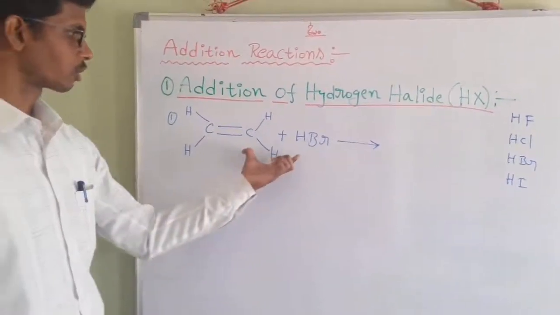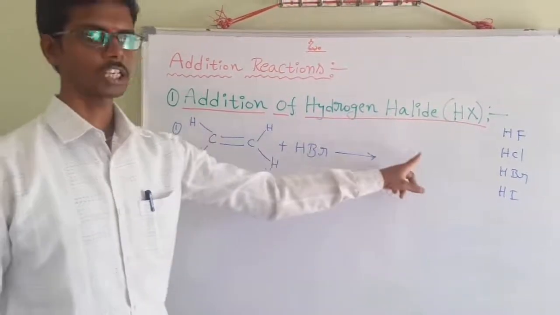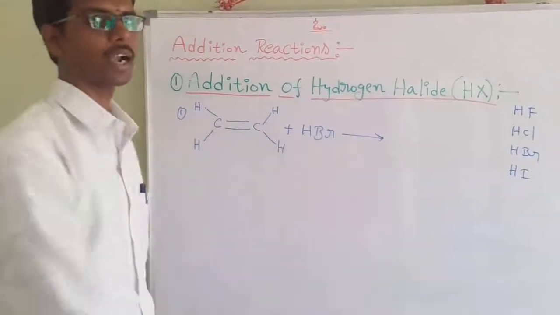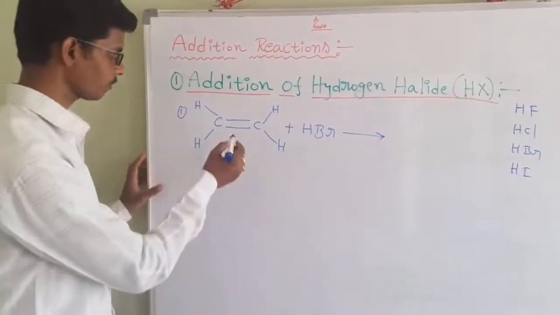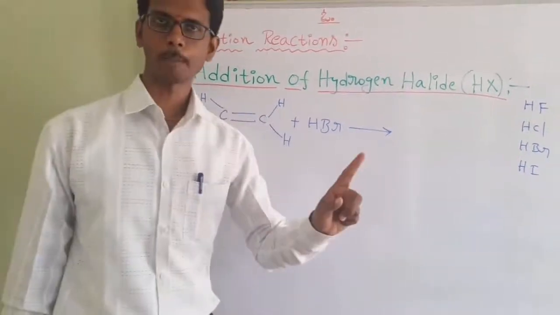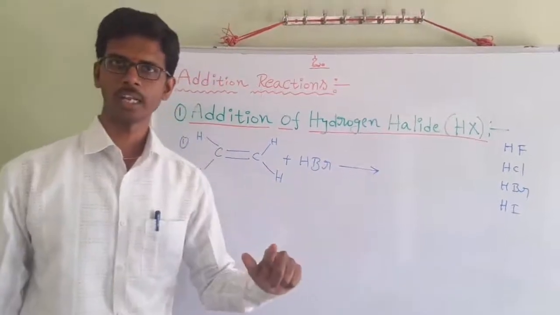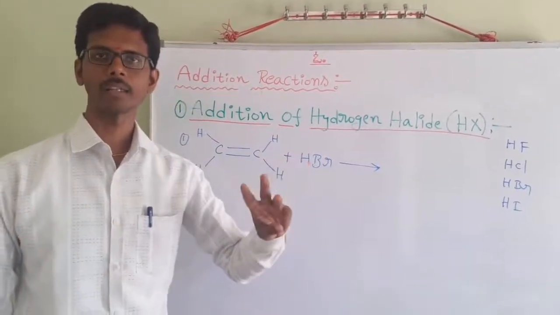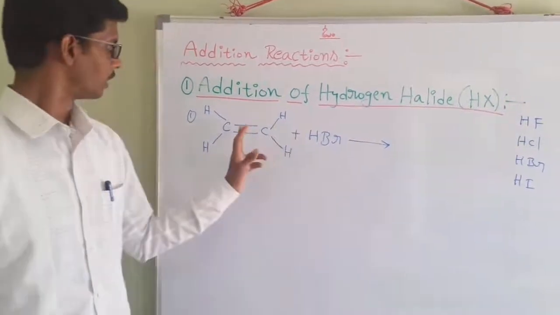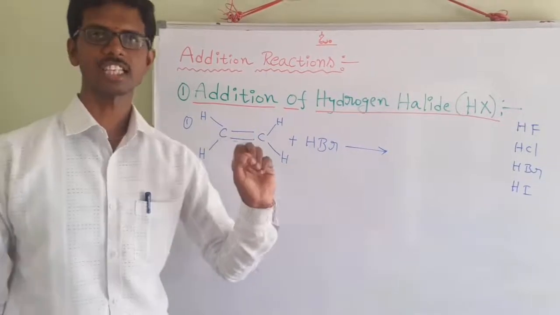Here two substrates react with each other to give the corresponding addition product. Let us see what addition product is formed. In this addition reaction, generally unsaturated compounds are converted into saturated compounds. What is unsaturated? A compound containing multiple bonds, either double bond or triple bond, is known as unsaturated.